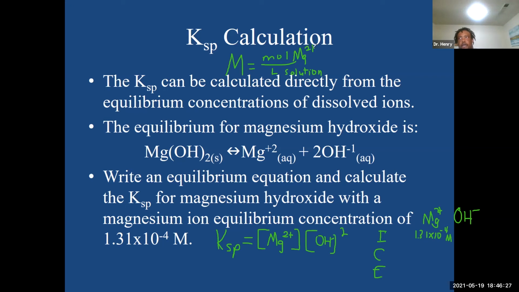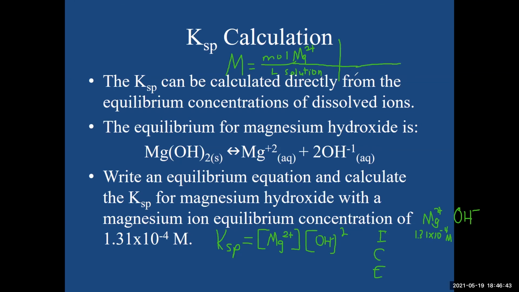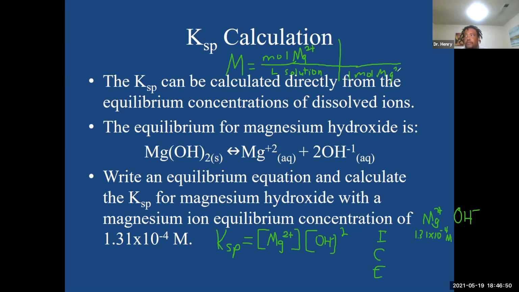Okay. So if I want to change my moles of magnesium ion, trying to figure out how many moles of my hydroxide ion, how would I go about doing that? You would use the mole to mole ratio. I'd use the mole to mole ratios. For every 1 mole of my magnesium ion, I have 2 moles of my OH ion, right?